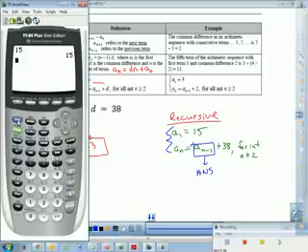I'm going to take the previous term plus 38, right? Then if I hit it again, doesn't it take the previous term plus 38? What does ANS really represent? The previous term, right? So if you wanted to find the 5th term and all you had was a recursive, you could just hit that button 5 times. You with me on that? But this, not so nice.